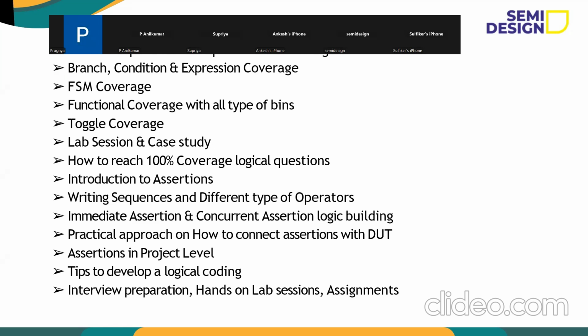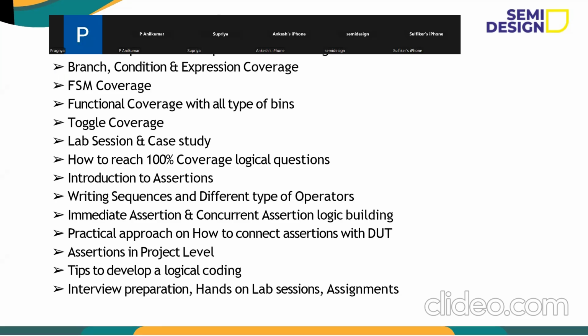And at the industry or project level, what kind of assertions we write, and what questions can come up on the concepts of coverage and assertions, all this we will go through. And if time permits, we will also go through some interview questions for an ASIC verification engineer, what all the interview questions can come. All these things we will discuss.